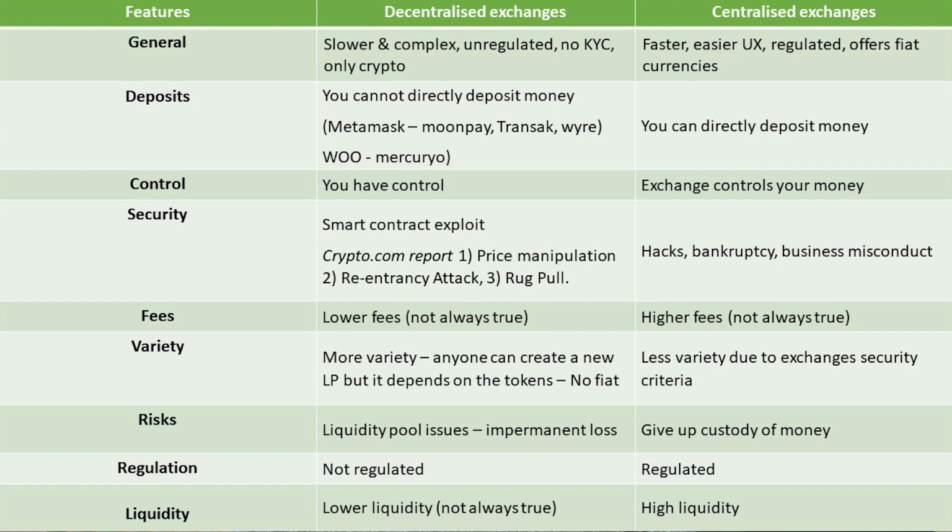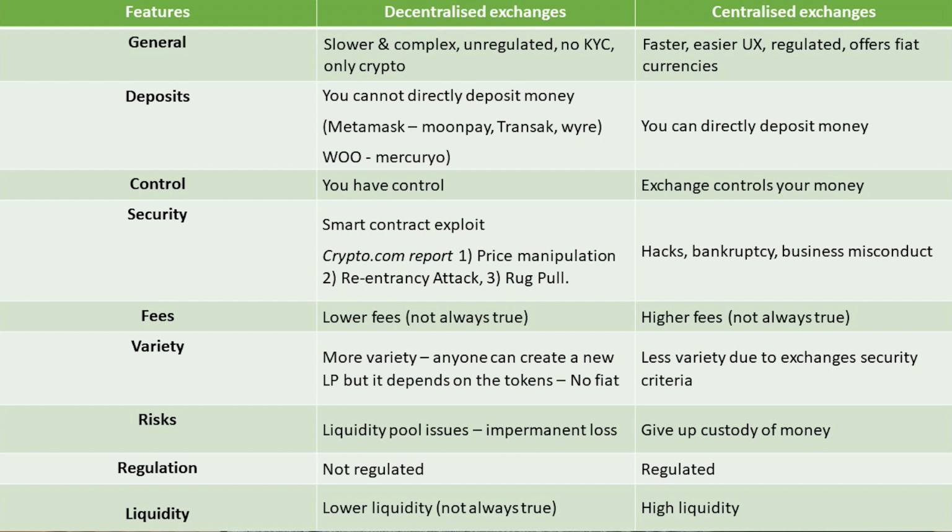On a decentralized exchange you have more variety, anyone can create a new liquidity pool, but it depends on the tokens. Regarding variety, you have more coins as long as there's a liquidity pool between the two pairs that you want to trade. On a centralized exchange, you have less variety due to the exchange's security criteria.